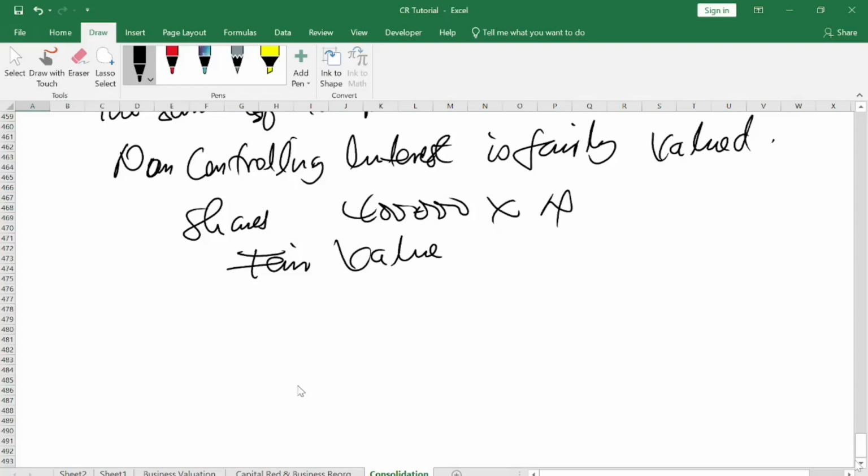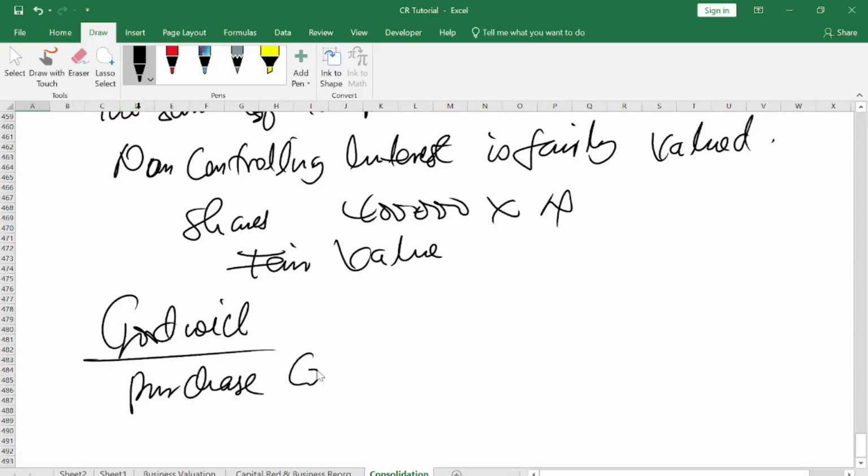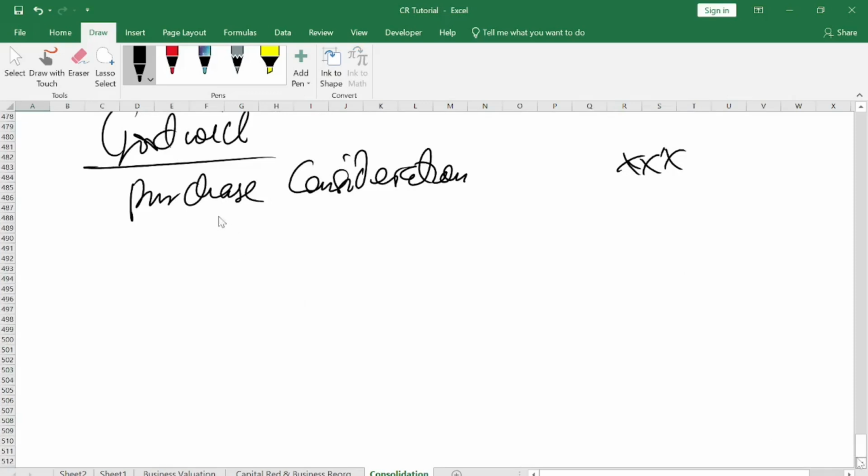All that you have to do is pick the purchase consideration for the goodwill. Then you pick the net assets at acquisition.